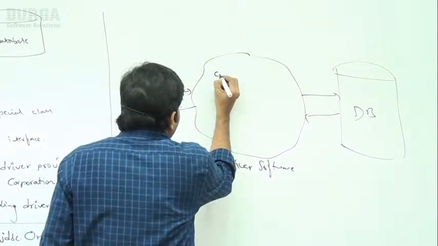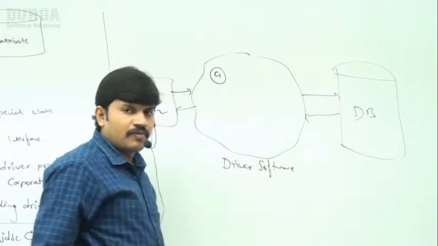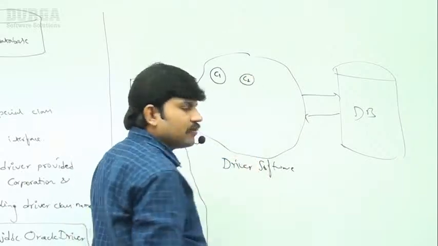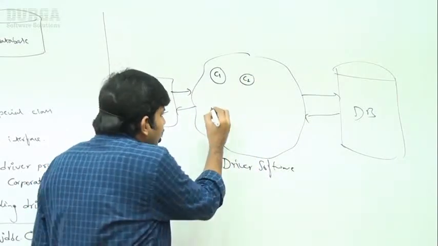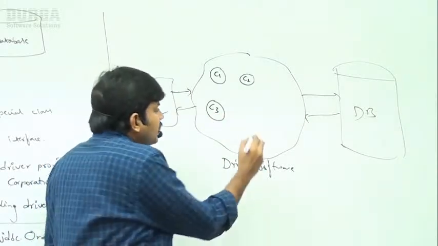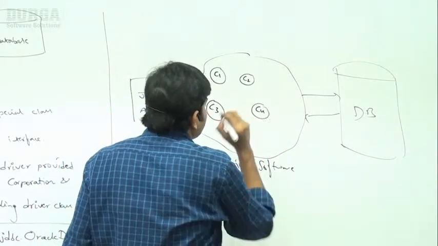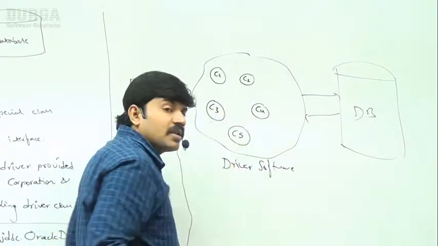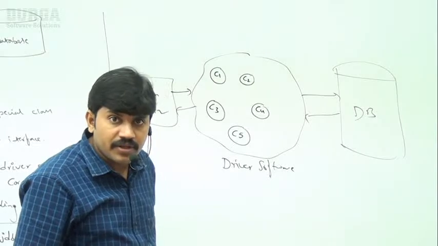One class is the implementation class of the Driver interface. Another class is the implementation class of the Statement interface. Another, the implementation class of ResultSet. Another, the implementation class of PreparedStatement. Next, another class, the implementation class of RowSet.